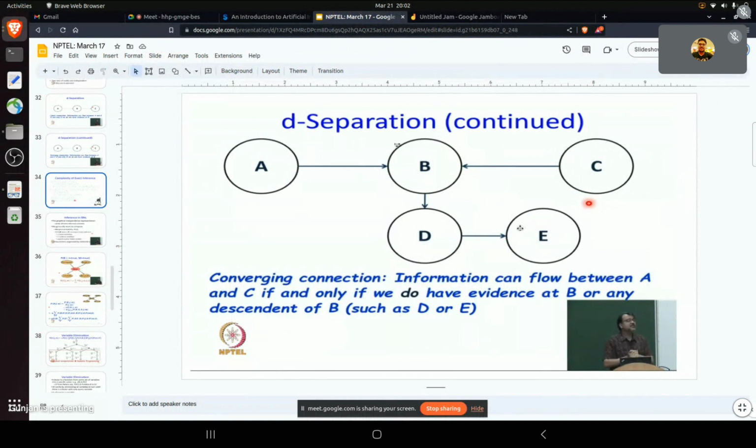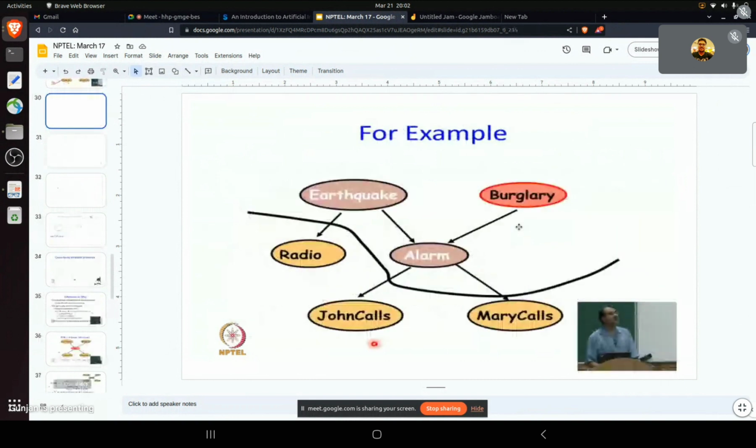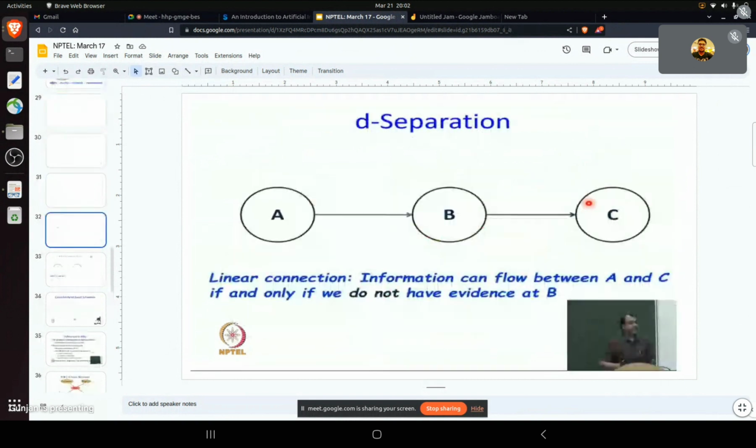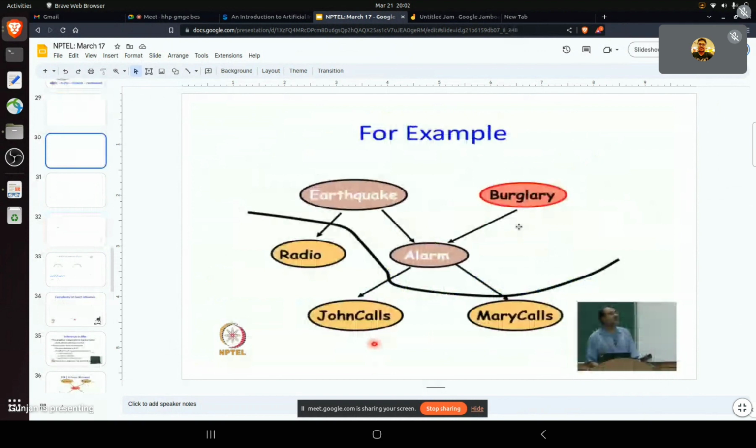These are the three primary conditions that you must always remember when judging conditional independence.